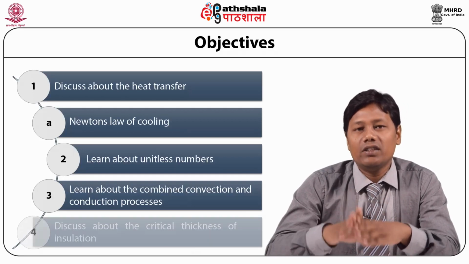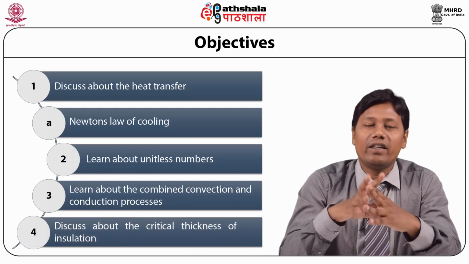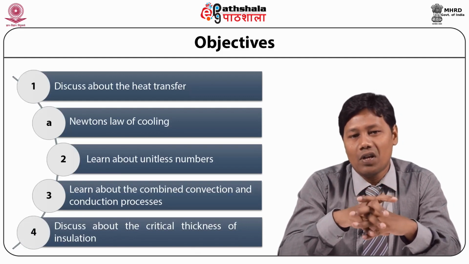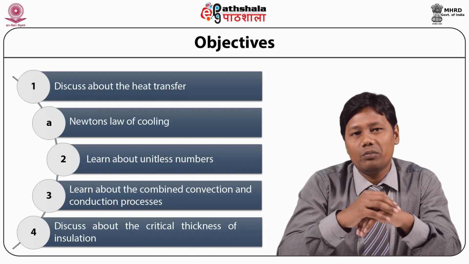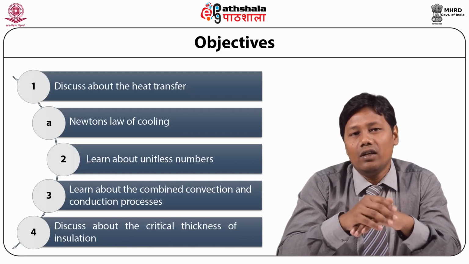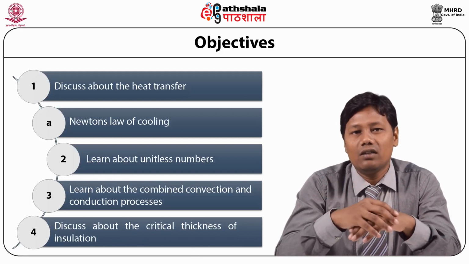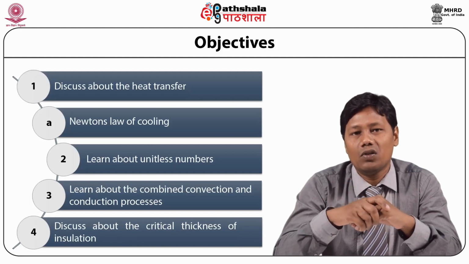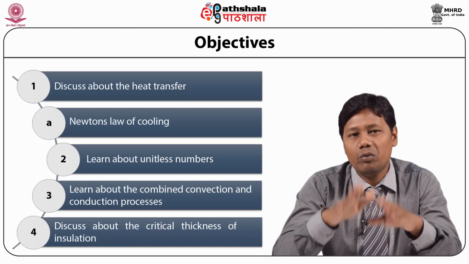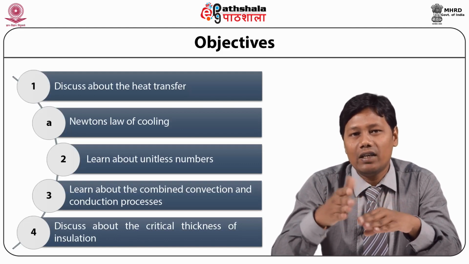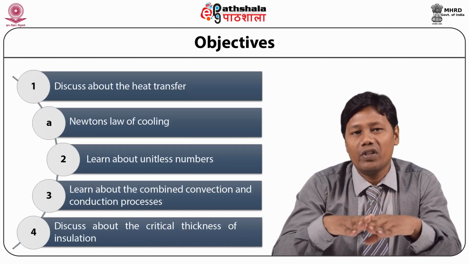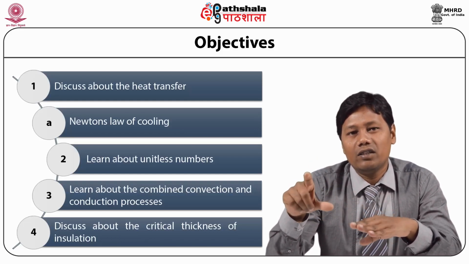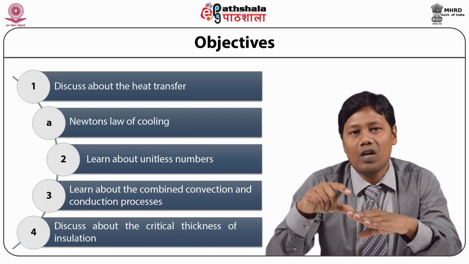Also, we will discuss the critical thickness of the insulation. This is more vital. If you go to any food processing plant, you will see insulating materials wrapped on pipelines and on different walls. For economy, as a food technologist or design engineer, you have to know how much thickness to provide so that you get proper insulation.